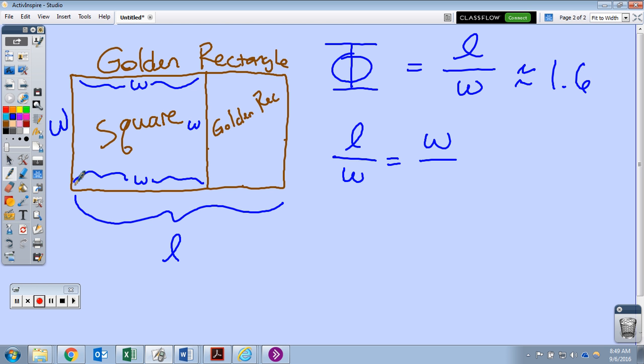This is L and this is W. L minus W, thank you. This would definitely be L minus W, right here. So then we could write that.